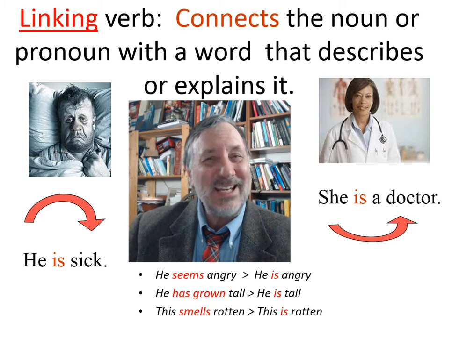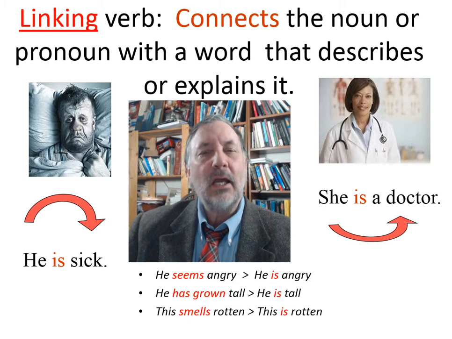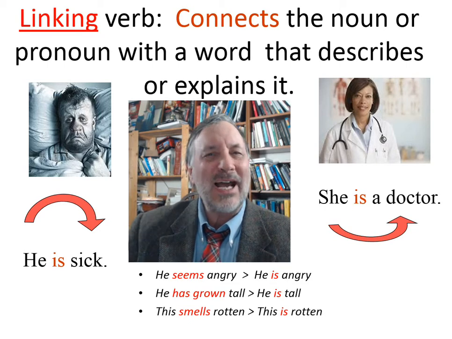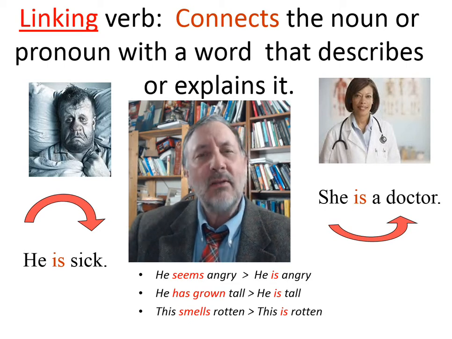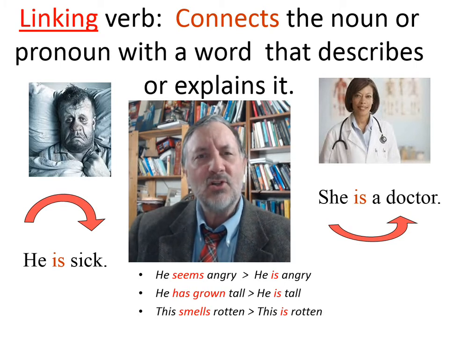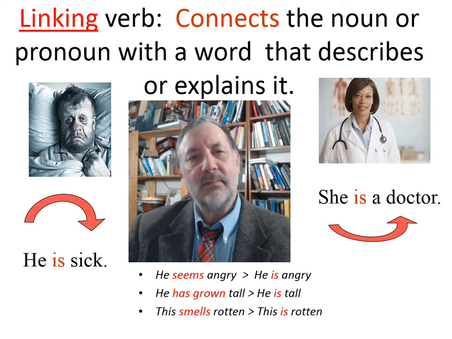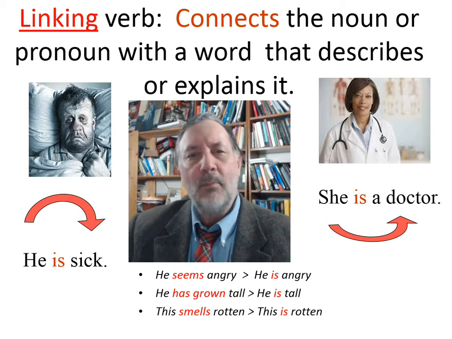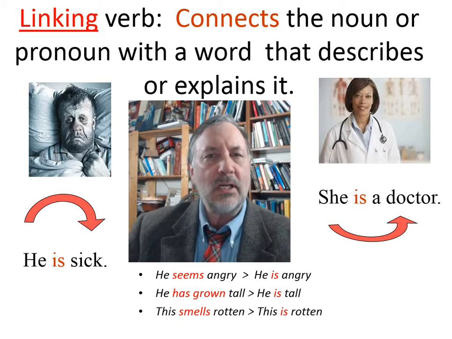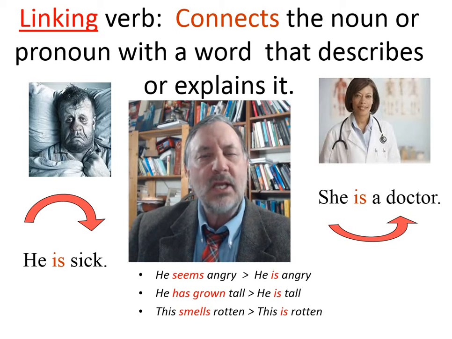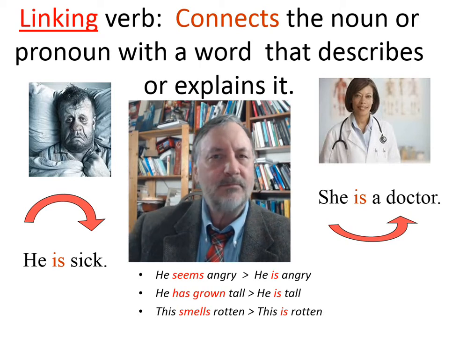In other words, this is rotten. But if you say, I smell a rat, well, that's a different usage of the word. You see, then you're performing an action. You're smelling something. So you be careful of that, but it's handy to know the distinction between the action verbs and the linking verbs.